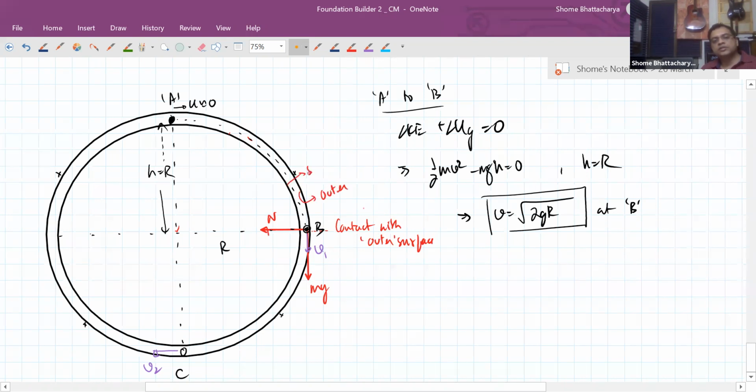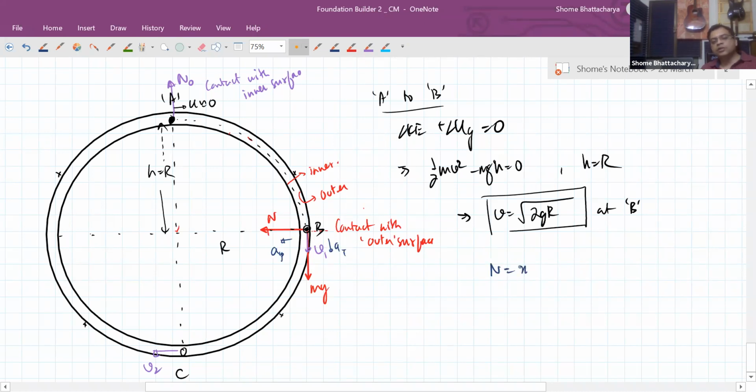This one is the inner surface. For example, when it starts out at A, it is in contact with the inner surface. So somewhere in between A and B, it switches its contact from the inner surface to outer surface. So anyway, this will provide the centripetal acceleration and this will provide the tangential acceleration.